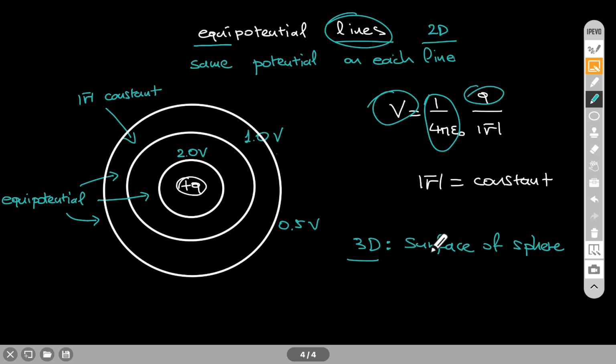If you make a sphere with a bigger radius, then you have a bigger sphere enclosing the smaller one, and that one also has a constant potential, a smaller number, like we did here for the equipotential lines. In 3D space, the way that we generalize lines is by thinking about surfaces, and spheres for point charges in particular.